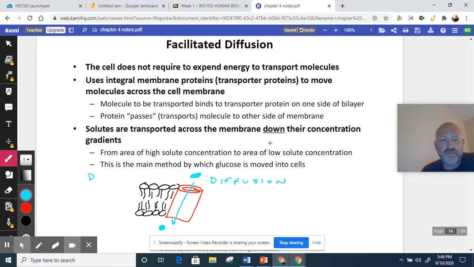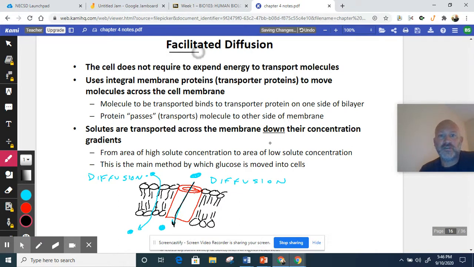But real diffusion is when the substances could cross right through the cell membrane like this. If we have to use a channel protein that's embedded in the cell membrane, like this red one, it's still diffusion, but we're kind of helping it along. So we call that facilitated diffusion. All right.